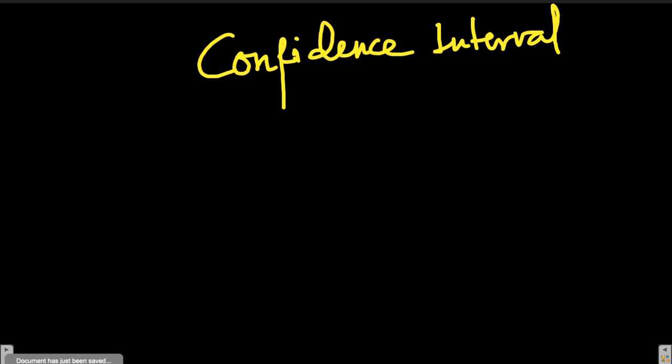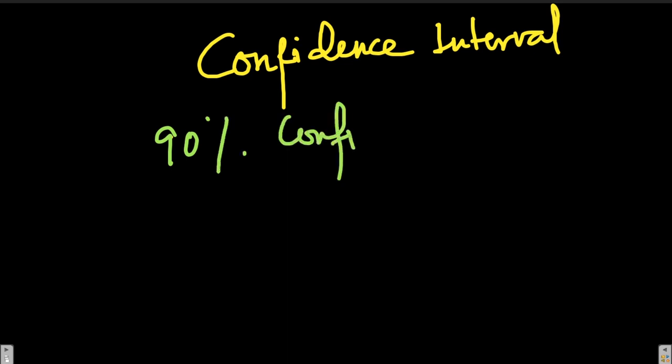Now when I say confidence interval, there is something we have to understand, and basically we have to understand what it is not. All right, so let me explain that. Confidence interval and confidence level are pretty close concepts, and I'll explain that in a while.